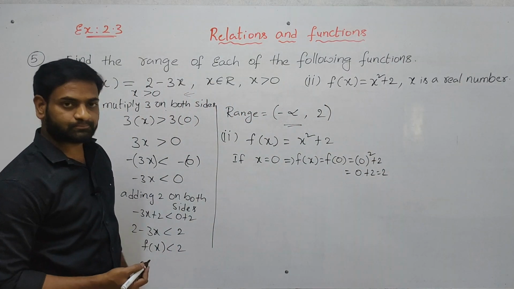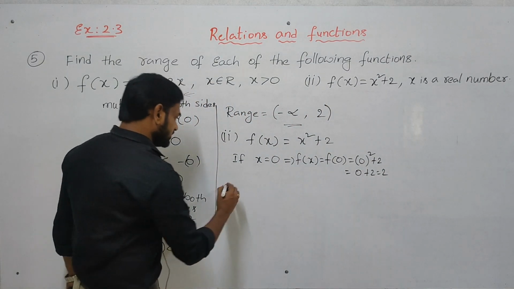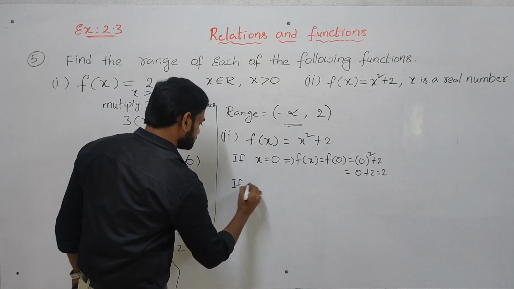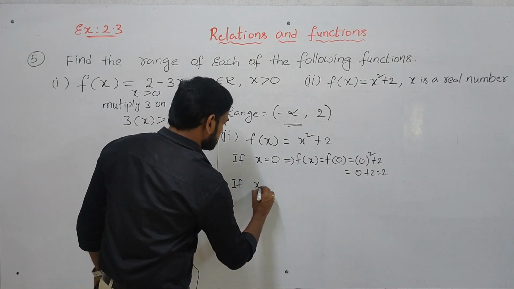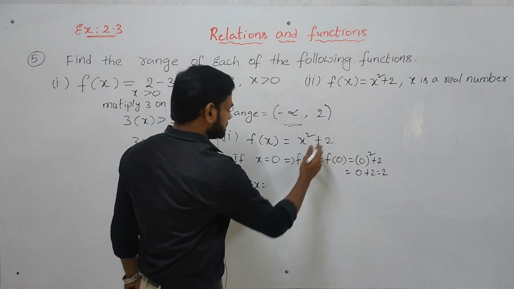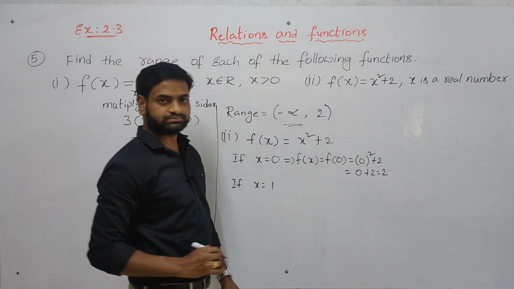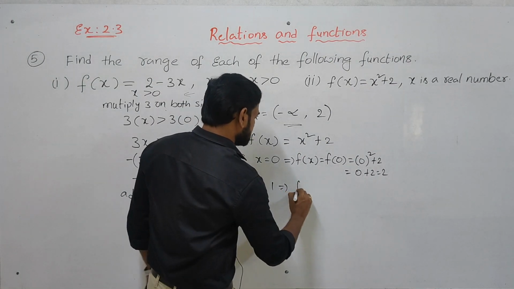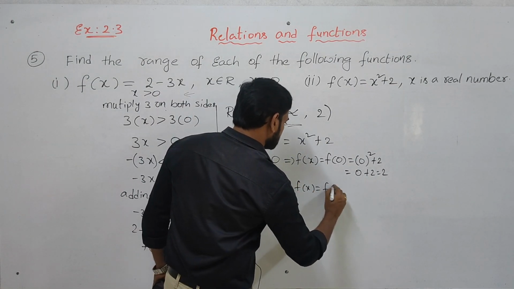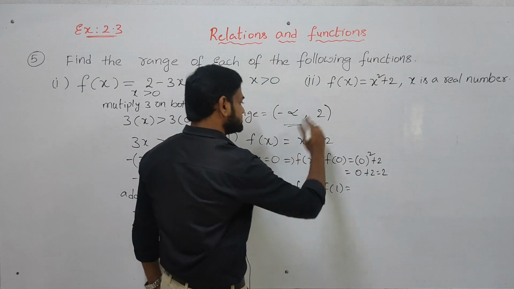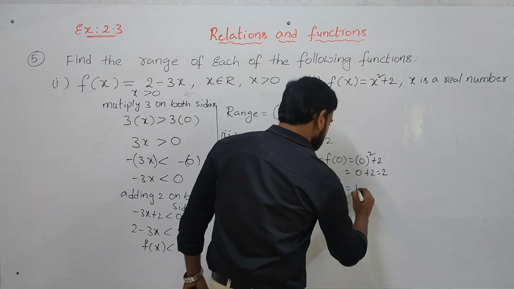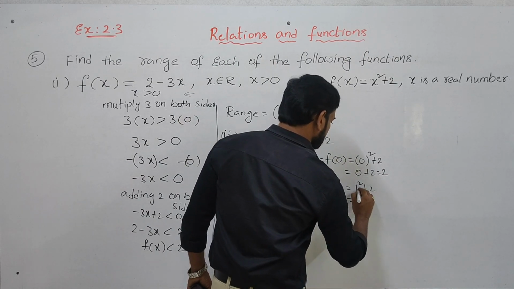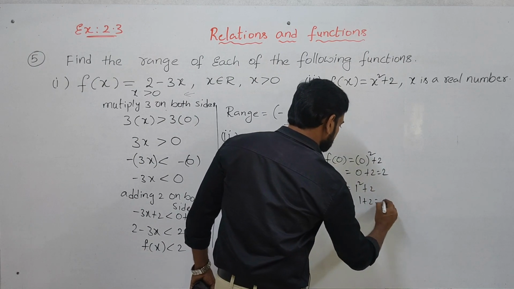That is 2 only. Next, if x equal to 1, then f of x equal to f of 1 is equal to 1 square plus 2. 1 square means 1, plus 2, that is 3 only.